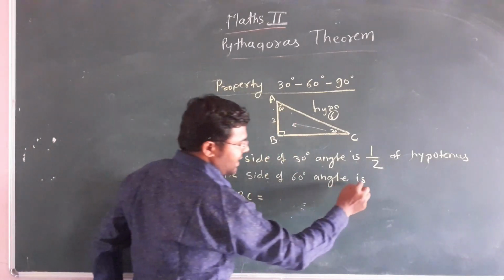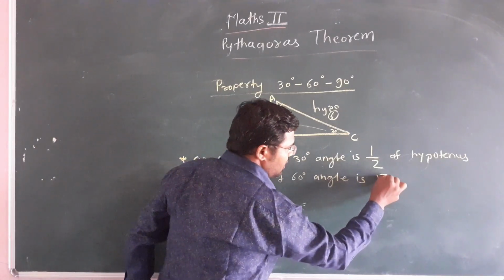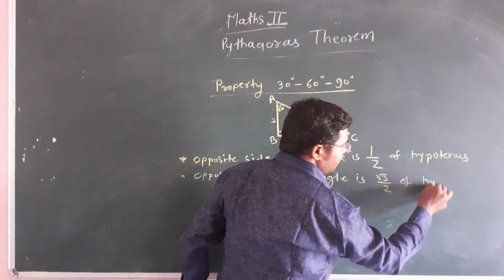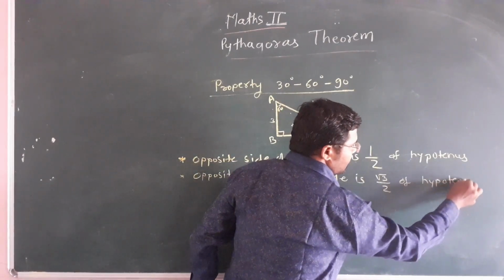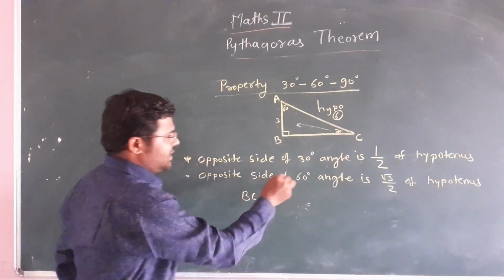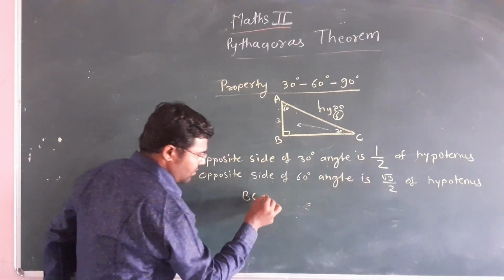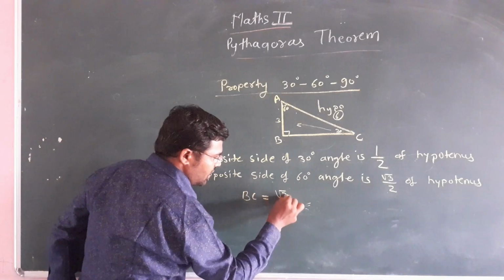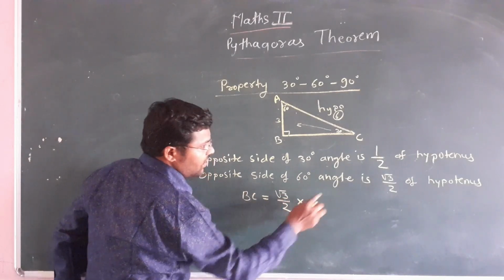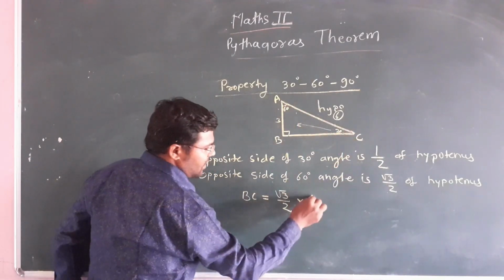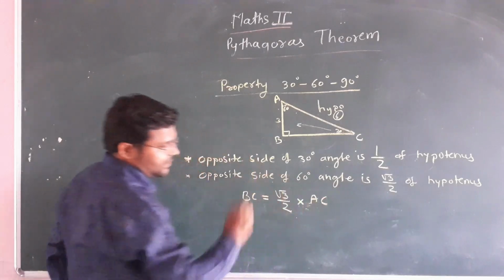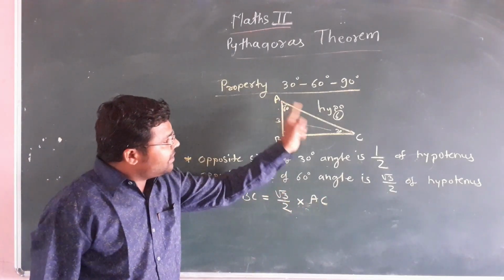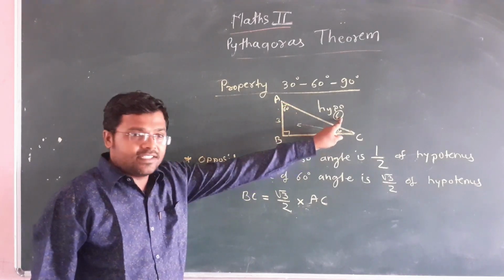Opposite side of 60 degree angle is root 3 upon 2 of the hypotenuse. AC is the hypotenuse, so I write here AC. Now the length of AC is 6.